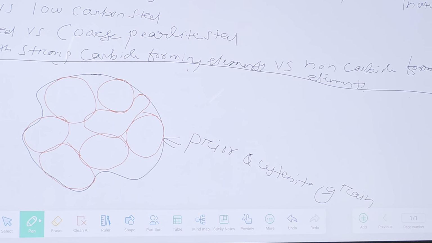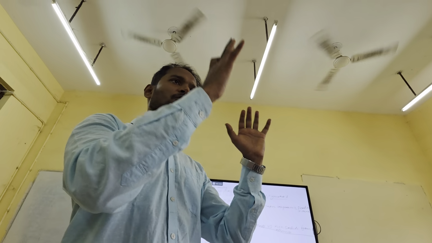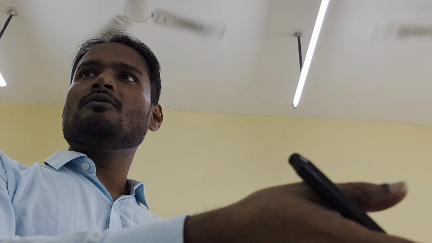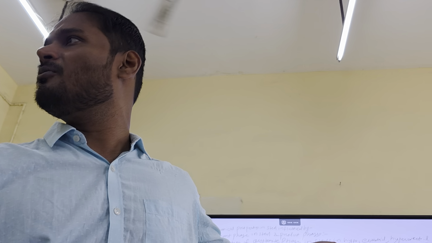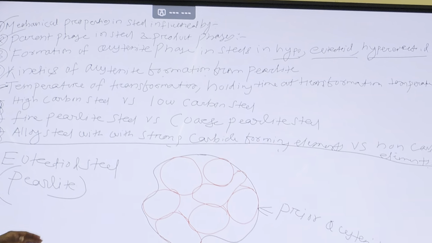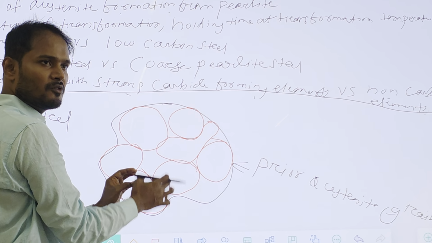Prior austenite, suppose I am talking about cooling now, just imagine, I am cooling. I have parent austenite, that is the prior austenitic grain. The moment you cool it, transformation will start. So new phase will come out. The new phase will form along the grain boundary, you can see, along the grain boundary, red phases have formed, small red phases. This entire black is the prior austenitic grain, from which new phases transform when cooling.